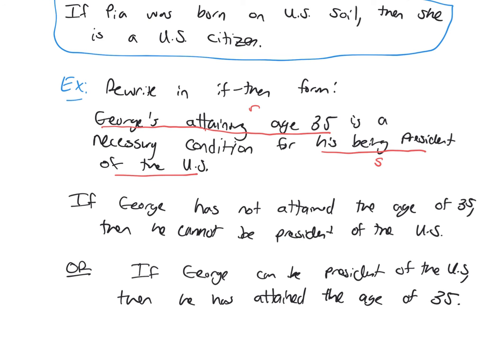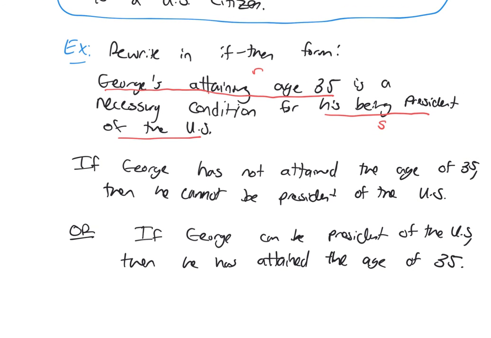So those are the two differences. There's sufficient, which means it isn't necessarily a requirement, but necessary means it is a requirement. In order to be president, the only way you can be president is if you meet the age requirement.